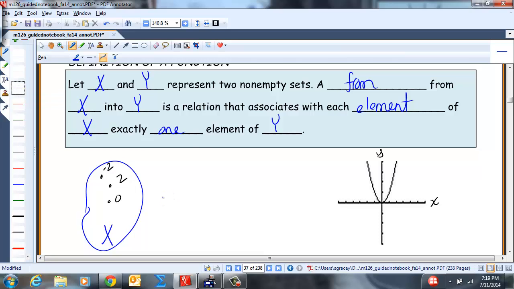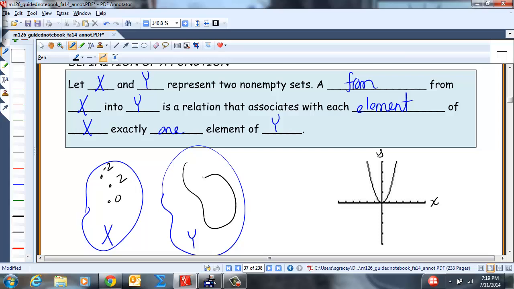From the output values, you could potentially have all real numbers for y. But you don't have to; you could have a subset of these. Because if you look at this graph, y equals x squared, you're only going to have the positive whole numbers and 0 for your output values.